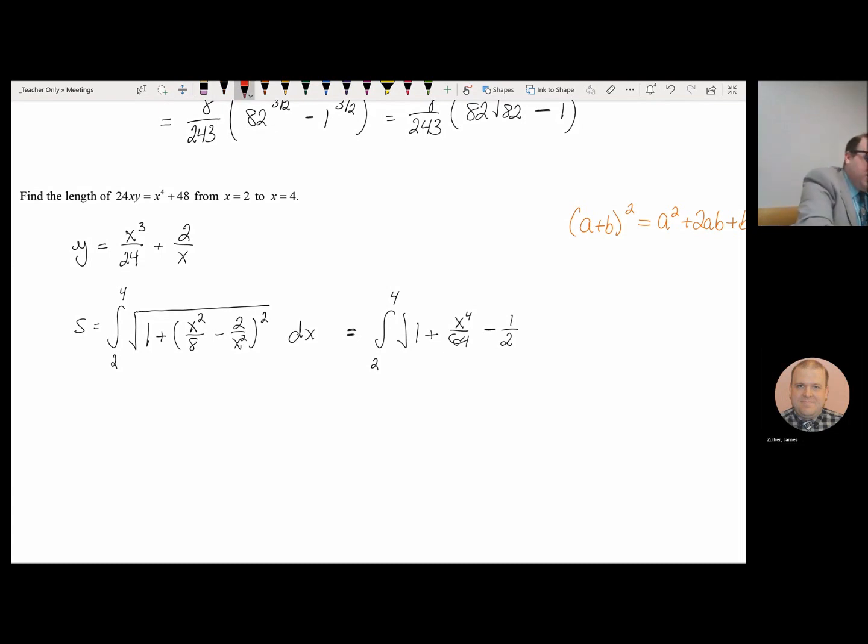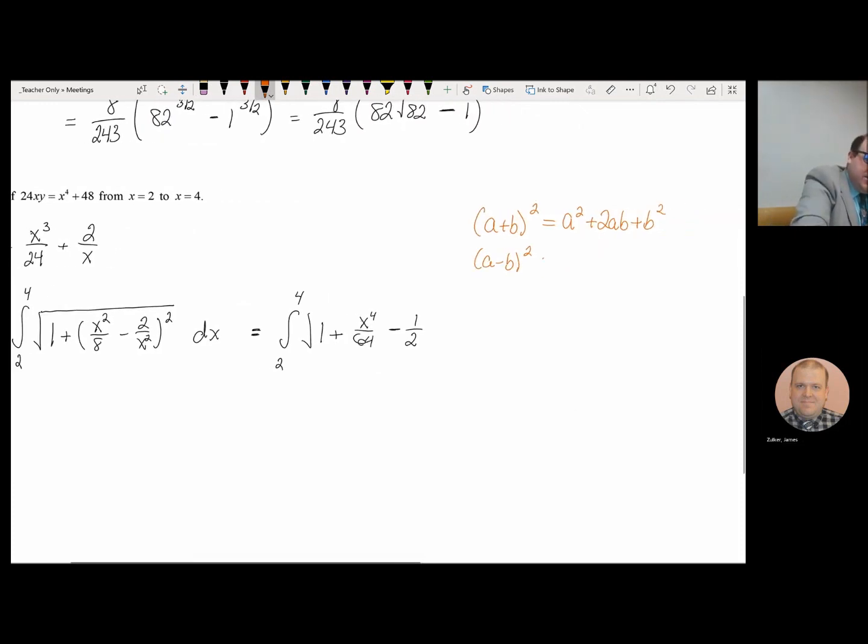Right? Because technically, the formula I should have written down was this one, right? And the thing that changes is that middle term becomes minus. But that's exactly why, because that second term is negative, so it's actually like a positive times a negative.